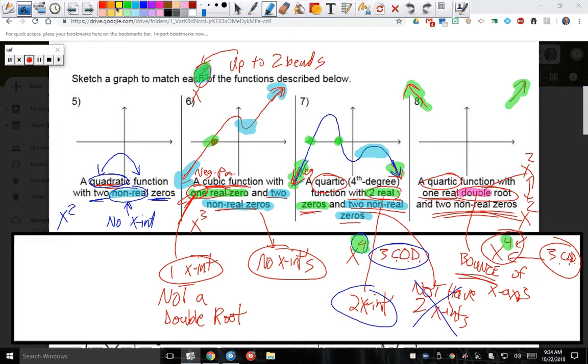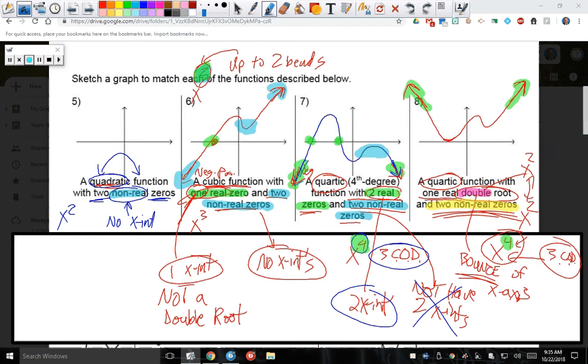Okay, so let me highlight that real quick. These 2 non-real zeros will show the bend here in just a bit. So let's bounce 1 time. Oops, let me get that red. And then we're going to show the 3 changes of direction. So we're going to bounce off the x-axis and then show 2 more changes of direction.